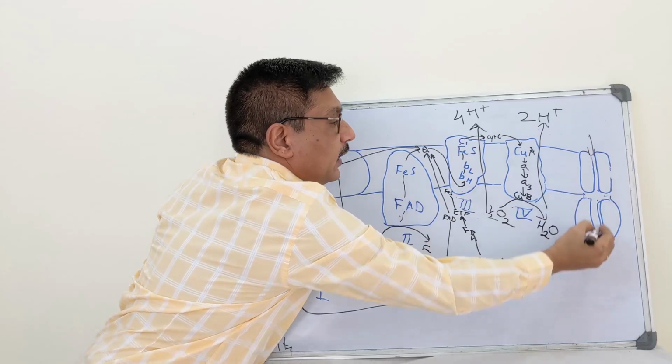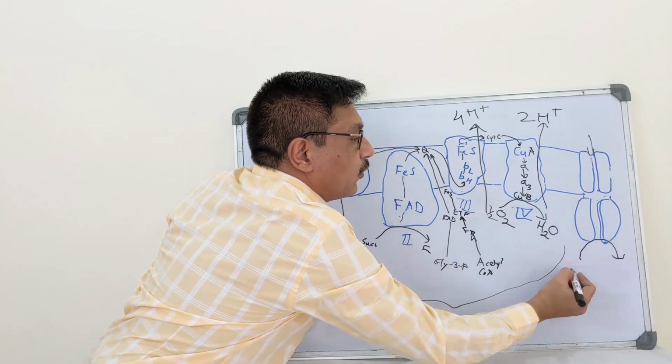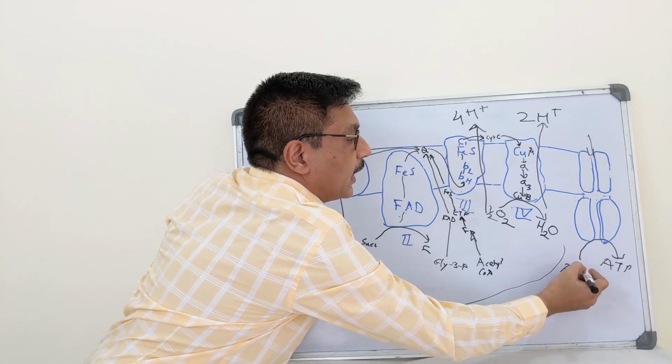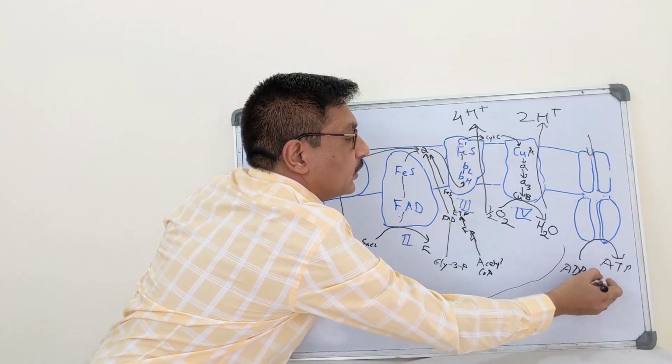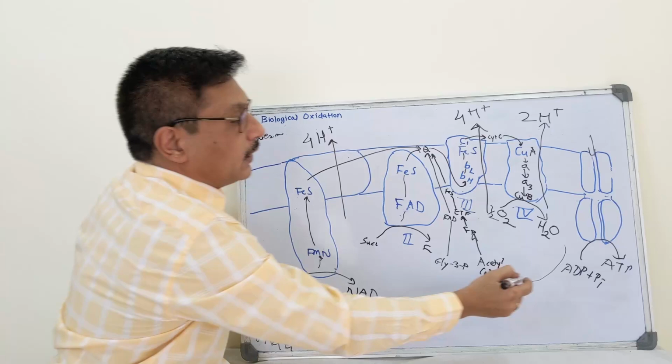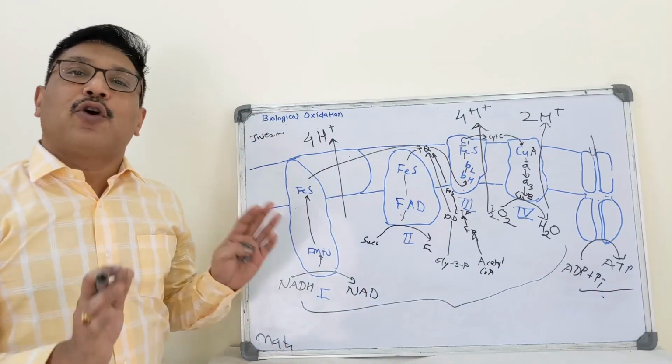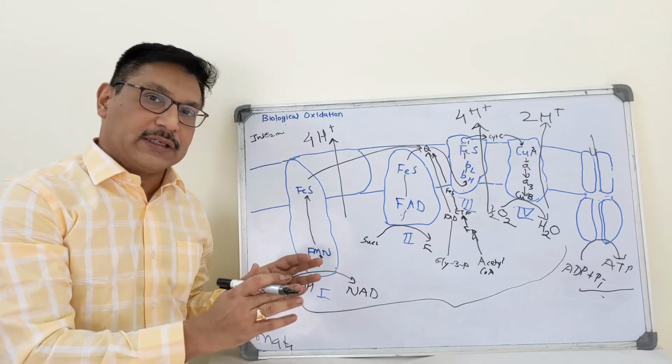These will enter here and this leads to synthesis of ATP from ADP and Pi. This is phosphorylation. So this is oxidation, this is phosphorylation. These are coupled together to form oxidative phosphorylation.